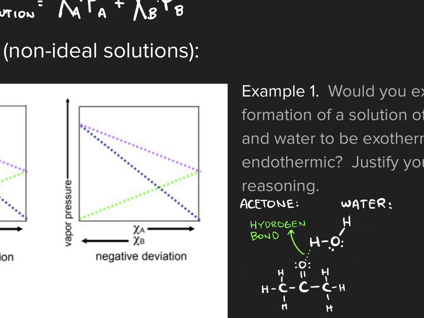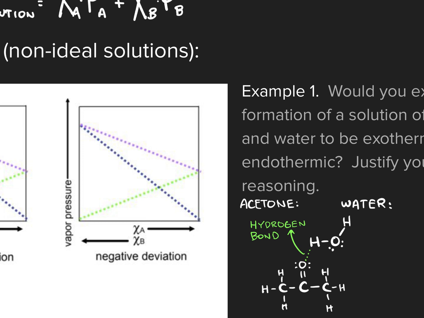That oxygen in the carbonyl group on the acetone molecule is an electronegative element, and there is a partially positive hydrogen on the water molecule, and therefore I would expect to see even stronger intermolecular forces of attraction between molecules of acetone and water than between the acetone as a pure solvent itself. And as such, as those hydrogen bonds form, this is going to essentially more strongly attract the acetone molecules into the solution than they had been before as a pure solvent.